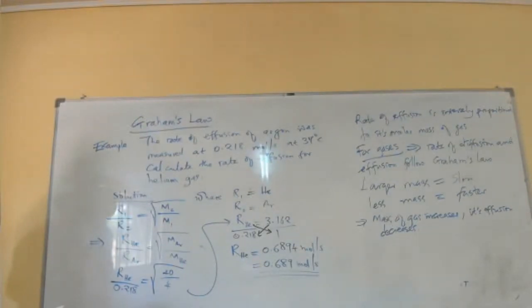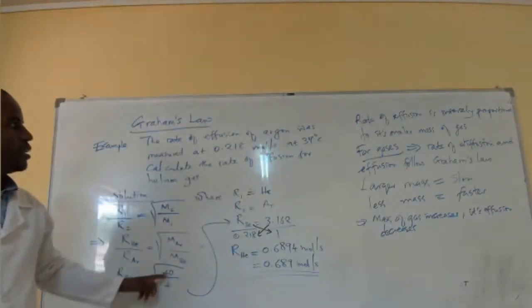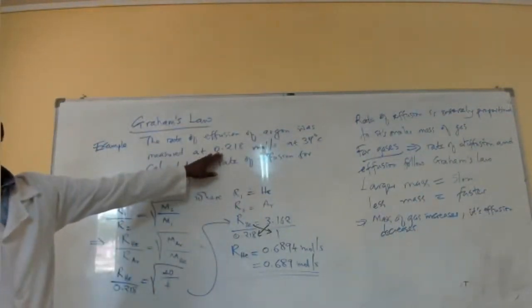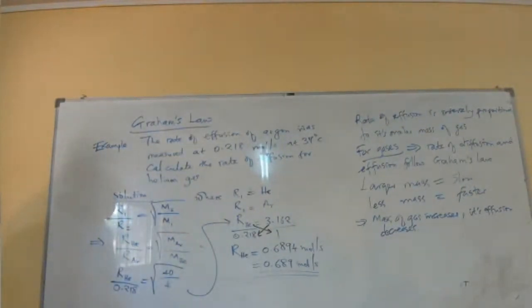So you can see that argon, which has a larger mass of 40, has an effusion rate of 0.218, but helium, which is lighter, has got a higher rate of effusion, meaning that if the two are placed in a container, you expect helium to completely move out of the container much faster than the argon.